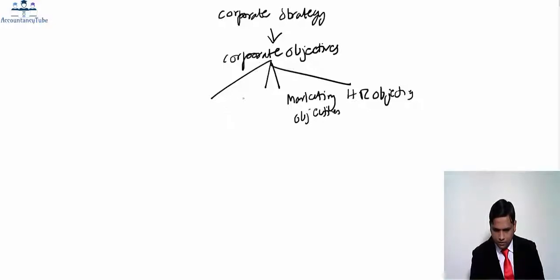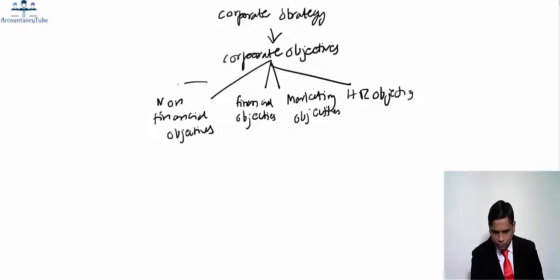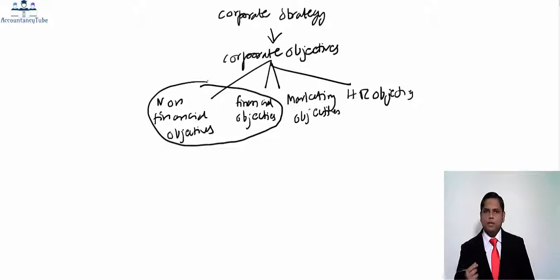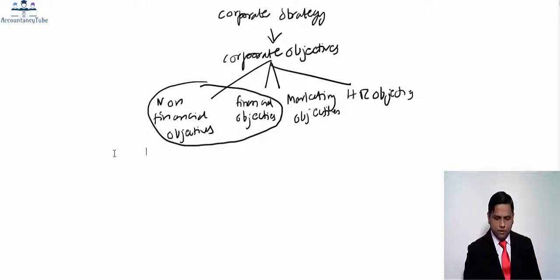Then we have got financial objectives. Then we have non-financial objectives. Now, the scope of FM covers these two, so we will be learning about these two from the notes.